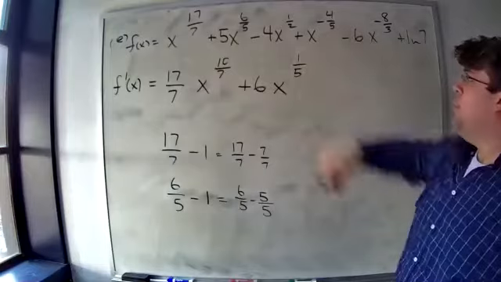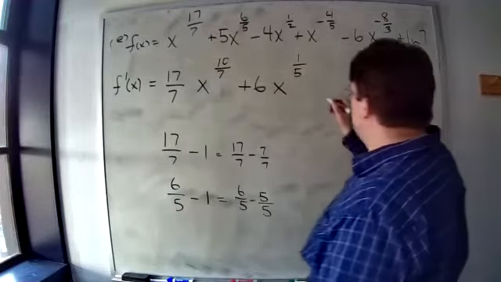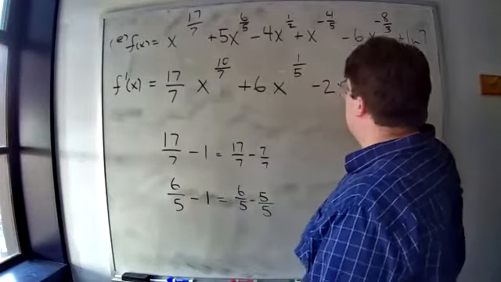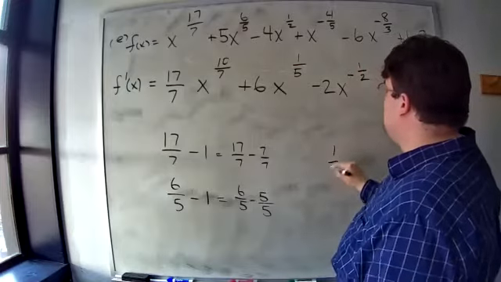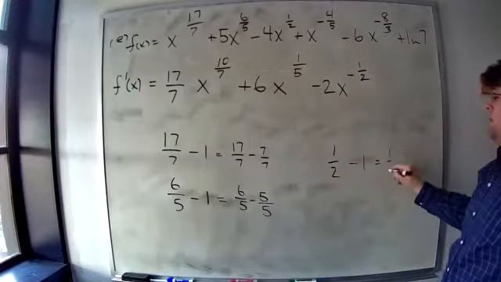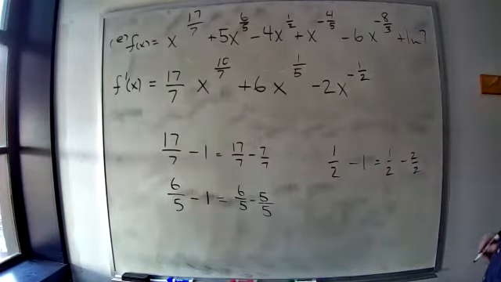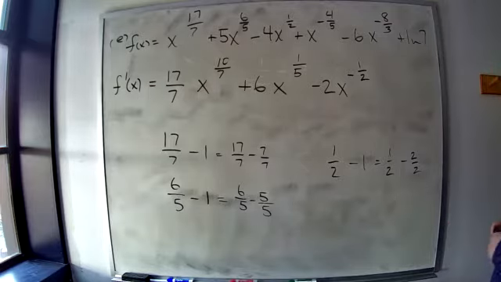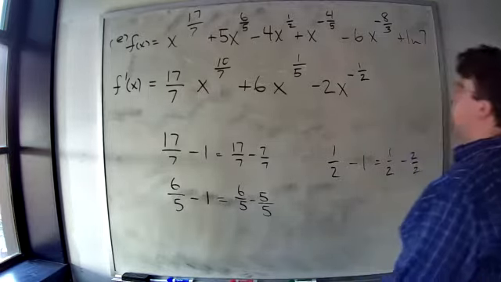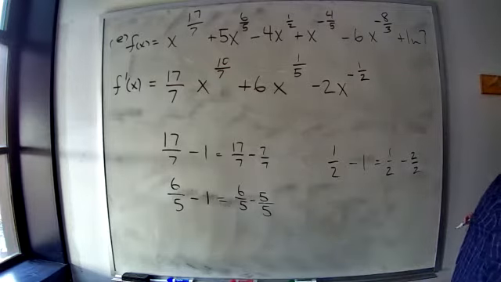Okay, next, bring the 1/2 down. Negative 4 times a half, negative 2. x to the half minus 1. Half minus 1 is a half minus 2 halves. So that's negative 1/2. Well, we can also put negative exponents in this, as we do here. So next we have x to the negative 4/5.